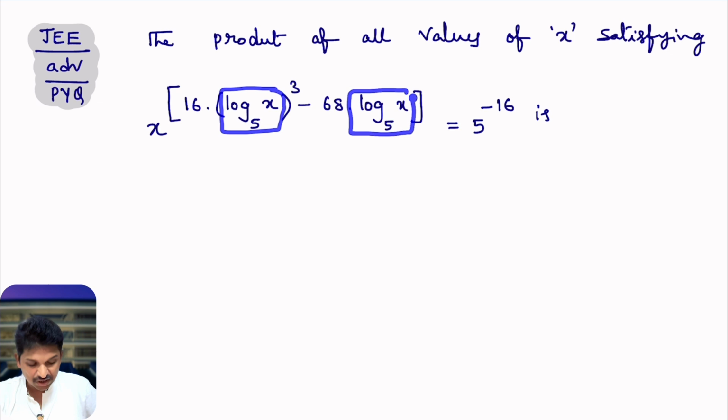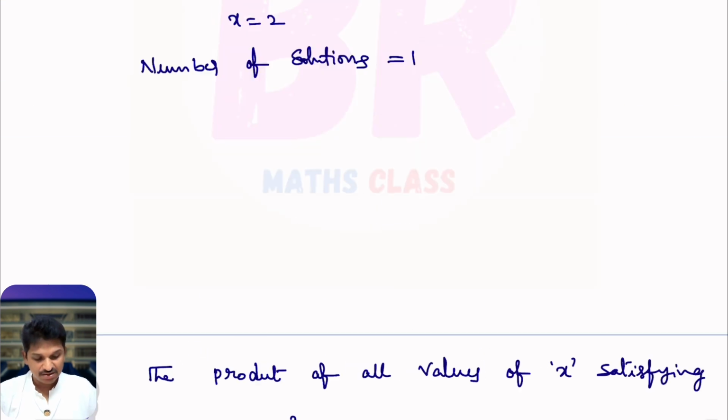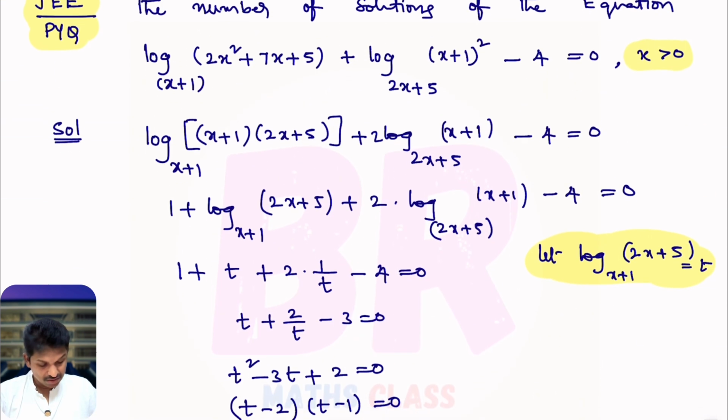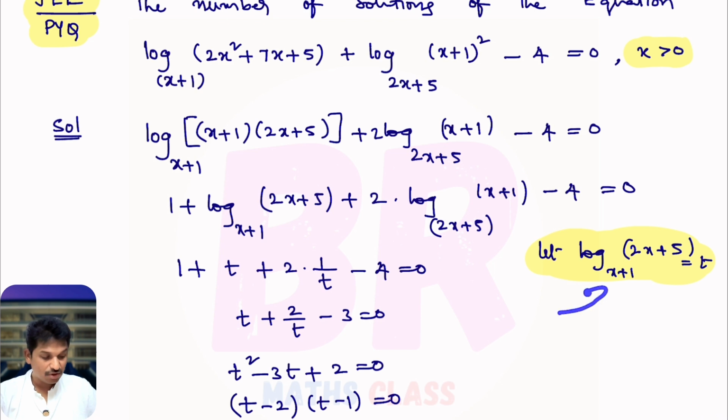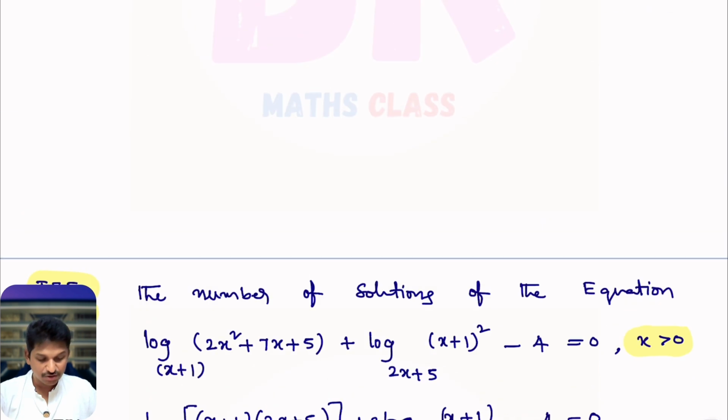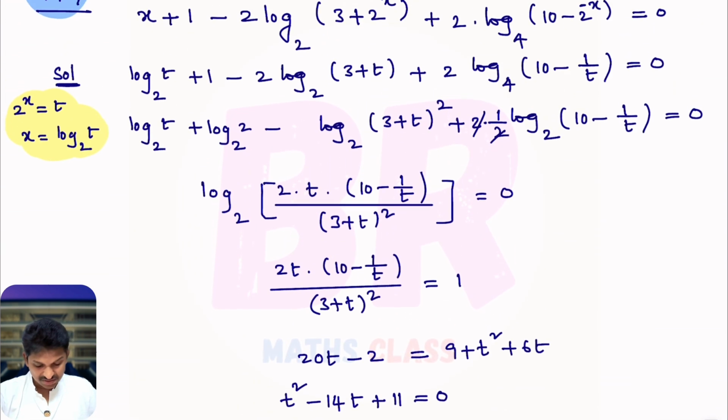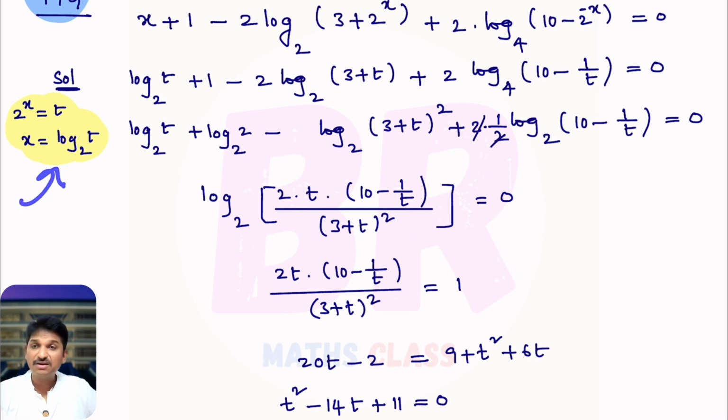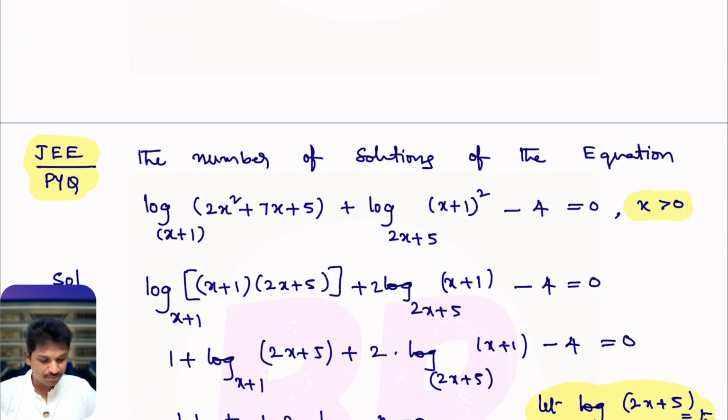You can observe the pattern of the questions, right? Last time also we took 2 power x equal to t. Here also we considered logarithm of 2x plus 5 base x plus 1 equal to t. Here also the same type of pattern questions are coming.